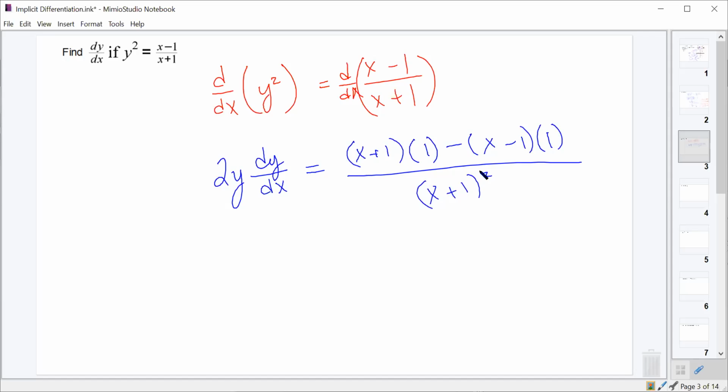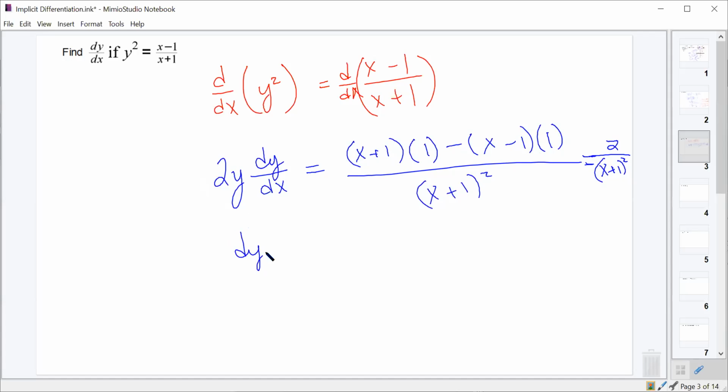And if we simplify that out, what's this numerator going to become? X plus 1 minus the quantity x minus 1. So the x minus the x will cancel. And then we have a 1 minus a negative 1, which ought to be 2. So we got 2 over x plus 1 squared.